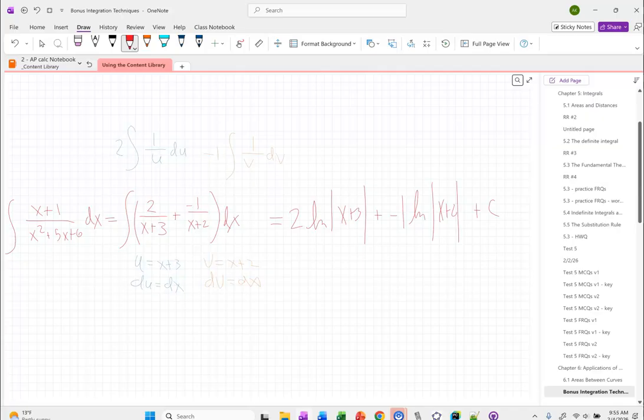Here's the lousy part. If there's a multiple choice question on an AP exam, that's not how they're going to list their answer. What are they going to do? They're going to use their properties of logarithms to combine these into a single logarithm. So the power property allows me to push those coefficients into exponents.